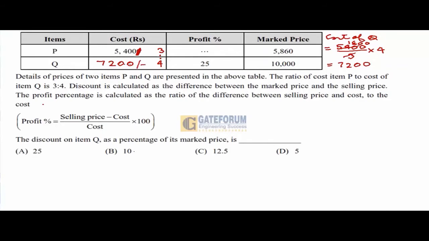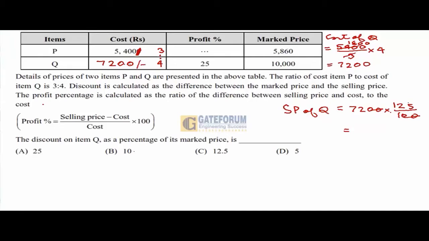Okay. Now we know that there is a profit percent of 25%. So immediately we can find the selling price of Q. So the selling price of Q would be how much? 7,200 into, since a profit of 25% is made, so into 125 by 100. So this goes on to become 72 into 125 basically.